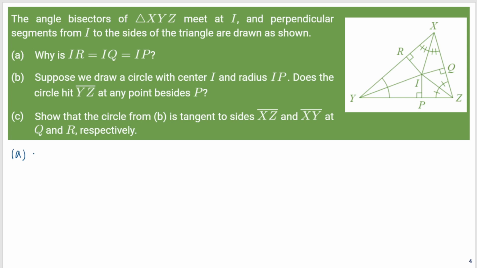So in the previous problem, we found that the intersection of the angle bisectors of triangle XYZ is equidistant from the sides of XYZ.